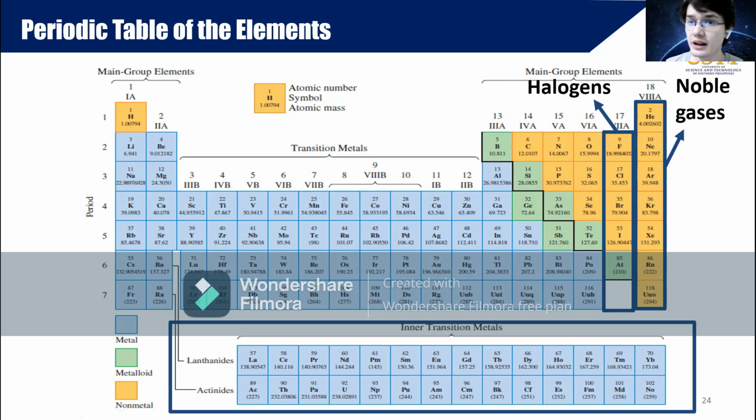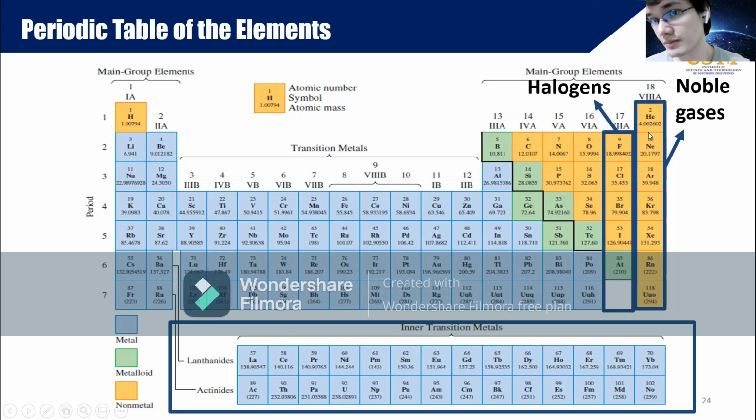And usually they are highly electronegative, meaning they can accept electrons. Then we have the noble gases. These are the most stable elements that we have in the periodic table.